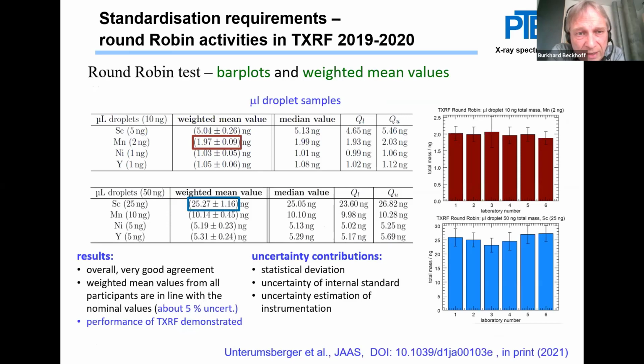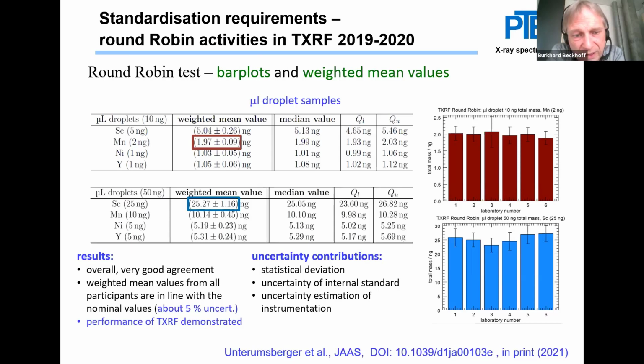You see here the weighted mean value for manganese and scandium, as well as the bar plots for those elements. So the interesting point was that the weighted mean values of all participants are in line with the nominal values with 5% uncertainty. This is what we were aiming at and what TXRF analysis can provide.